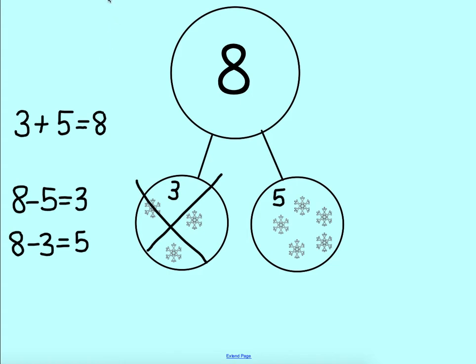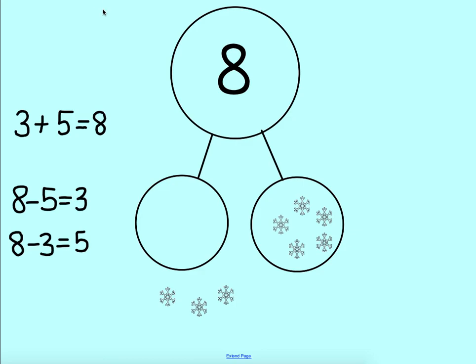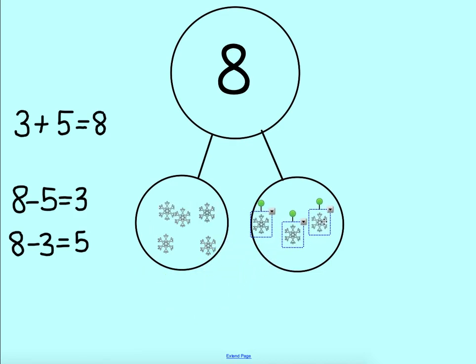Now let's go back up to this addition. Earlier, we did 3 plus 5 equals 8. Watch this. What if I switch it so that the 5 is over here and the 3 is over here?